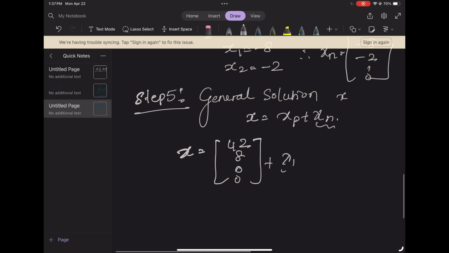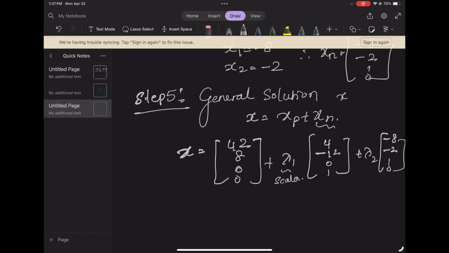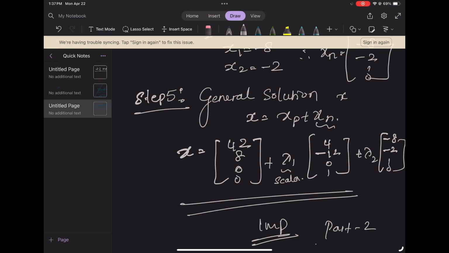When you write the all solution, always pair it with a scalar, that is lambda 1. You can take it as some n1 also, which is a scalar. For the second solution I have taken lambda 2, and if there is a third, plus lambda 3 and that solution. So that is all, which is very important.